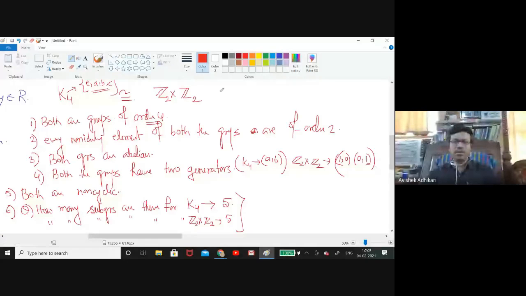What does it mean? It means there must be a bijective homomorphism from K4 to Z2 cross Z2 and vice versa. That's why they are isomorphic.